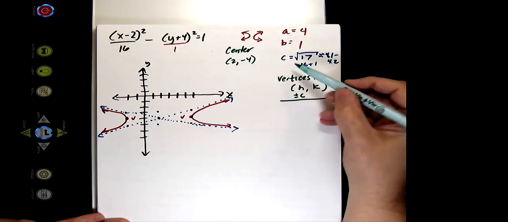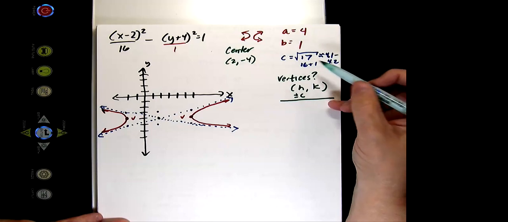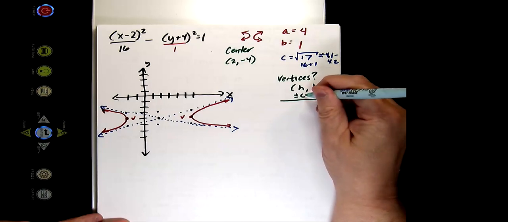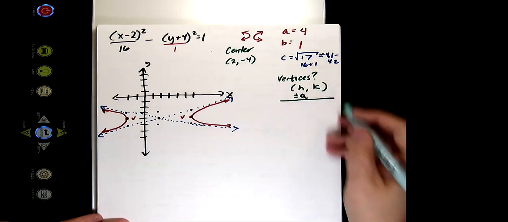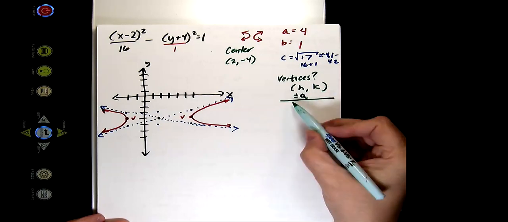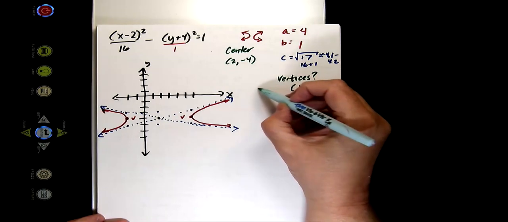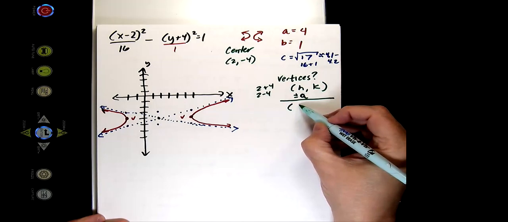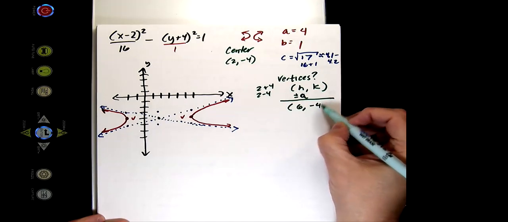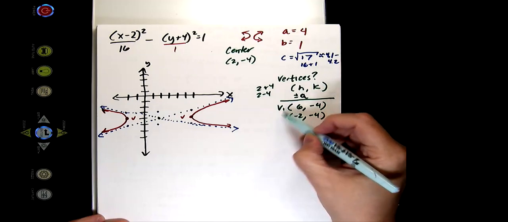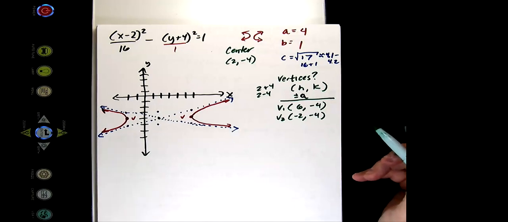So I'm going to have 2 plus 4 and 2 minus 4. I'm going to have (6, -4) and (-2, -4). That's my vertices. And if I look at my graph, I can see that is actually where I have them.